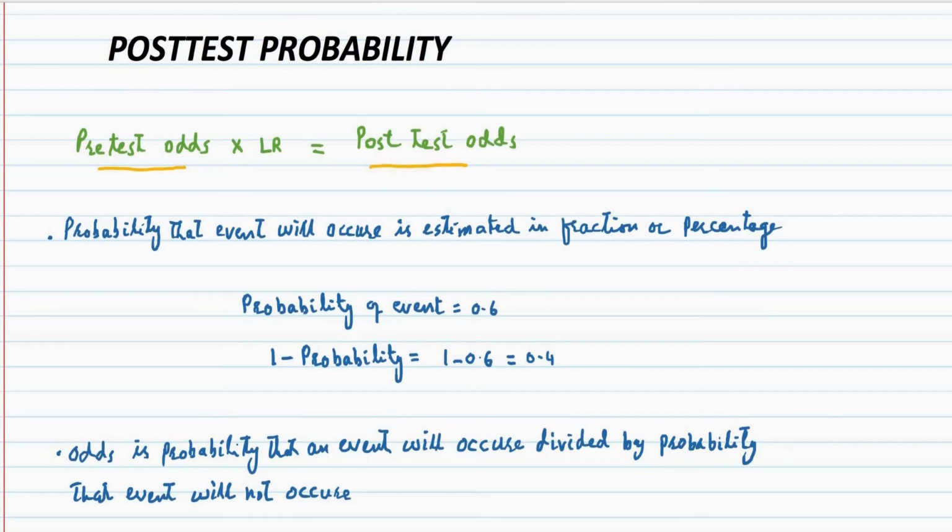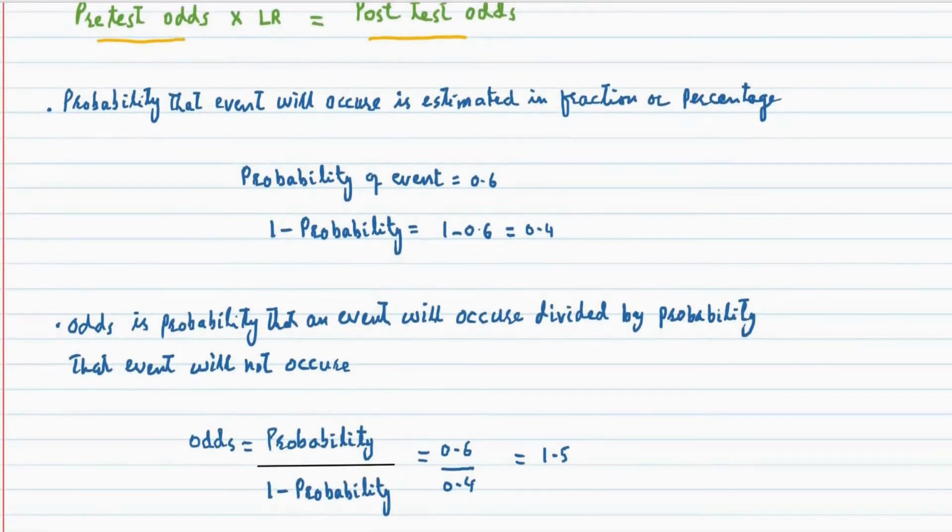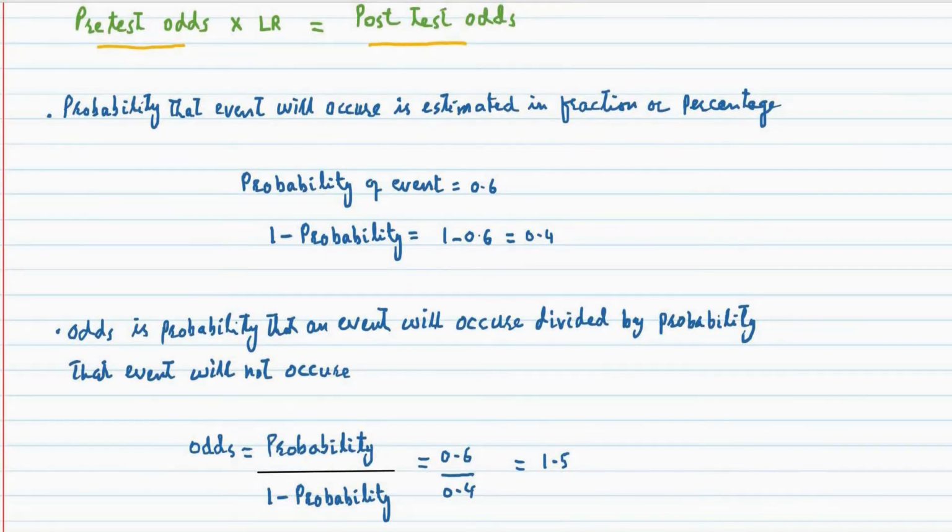For that we need to know the difference between probability and odds. The probability that an event will occur is estimated in fraction or percentage. Suppose the probability that an event will occur is 60% or 0.6. So the probability that the same event will not occur will be 1 minus probability, or 0.4.